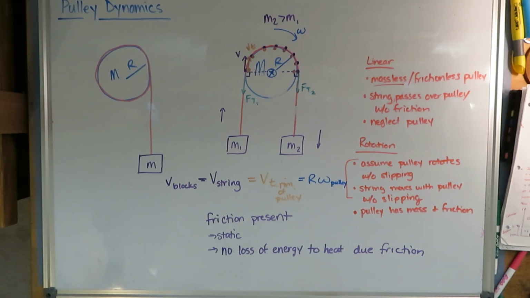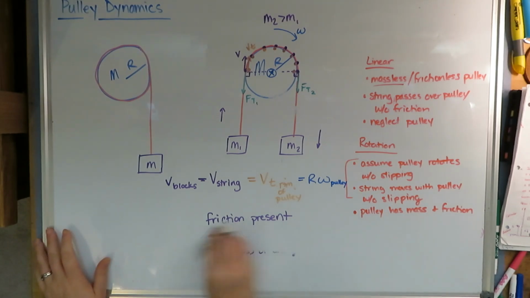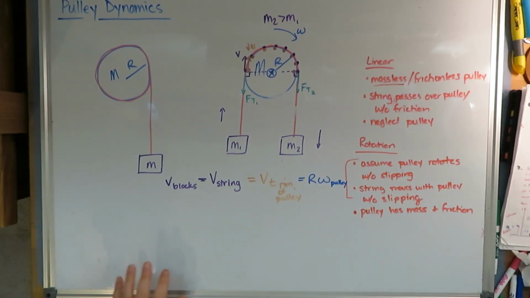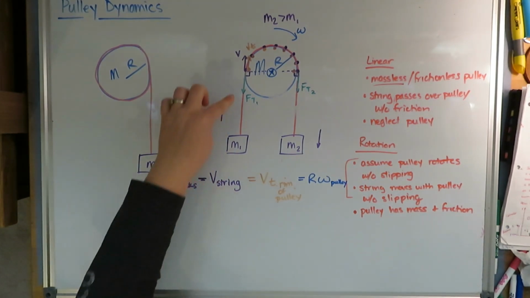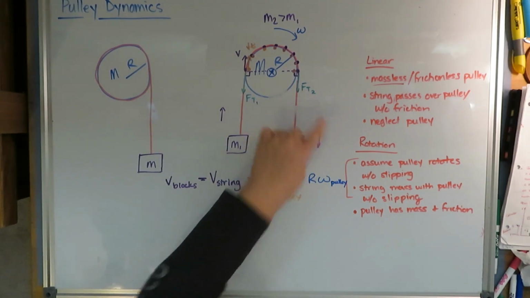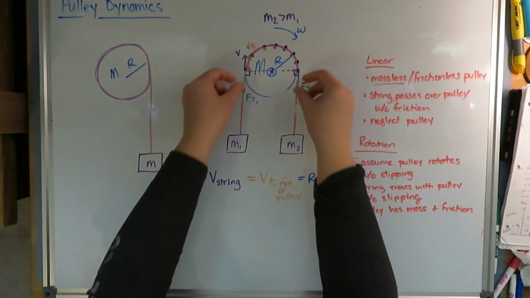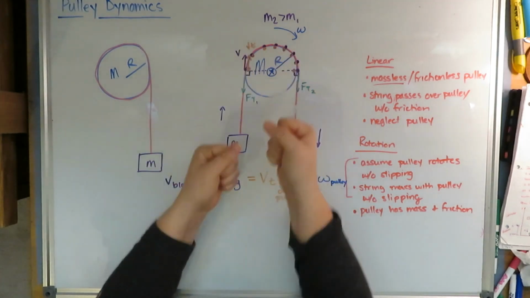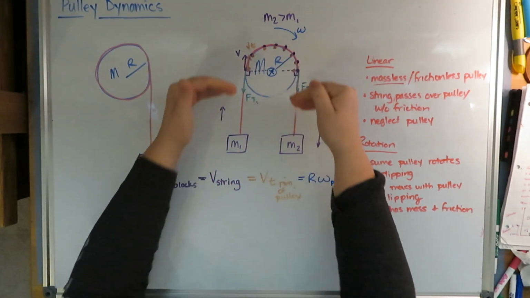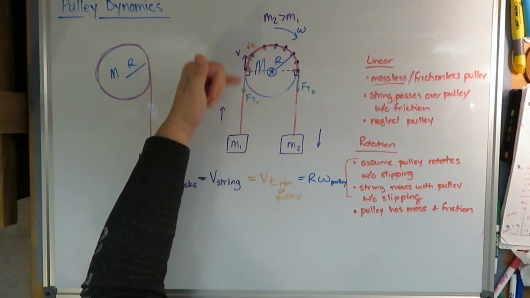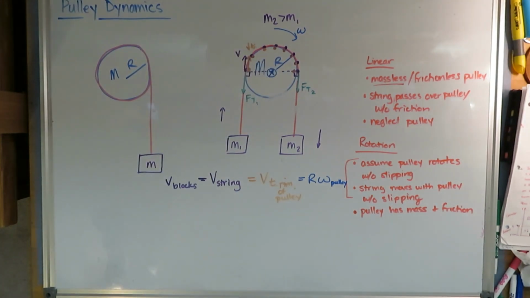Now, there is going to also be acceleration. So when we look from an acceleration standpoint, we need to look more at the forces that are going on. So we know that there's going to be a tension here and a tension over here, because the blocks are pulling down, and those strings are also pulling down, essentially causing a force on the pulley.